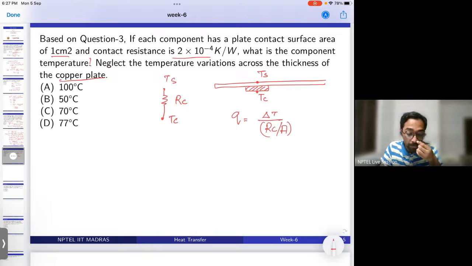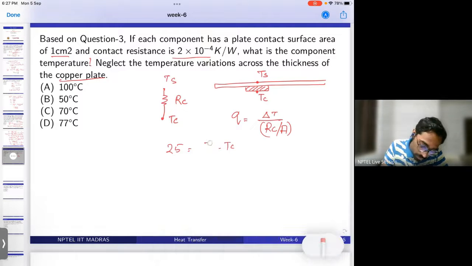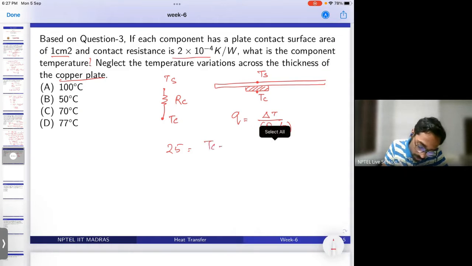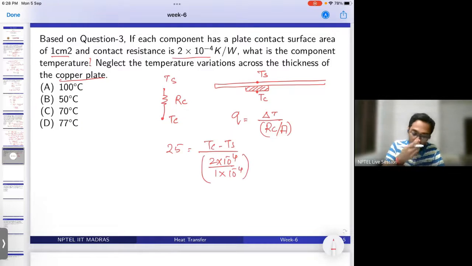So 25 is equal to Ts minus Tc, or mostly Tc will be higher, so Tc minus Ts divided by the contact resistance, which is 2 into 10 raised to minus 4, divided by 1 into 10 raised to minus 4. That area is in centimeter squared, so we have to convert it into meters.